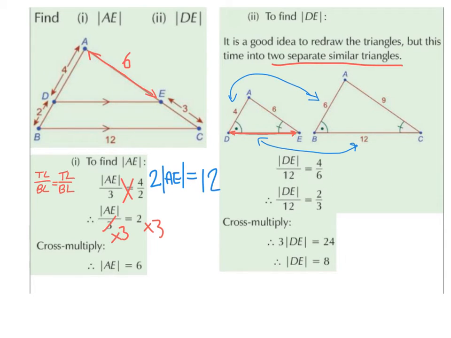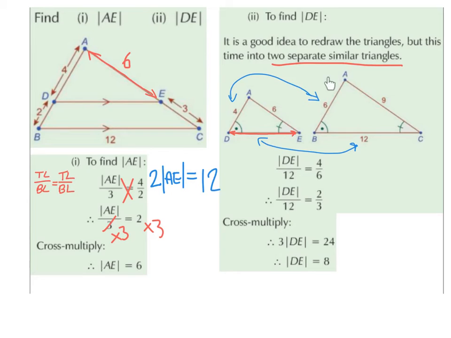It's very important that either the sides on the smaller triangle are all the numerators, or all the denominators, or vice versa with the large triangle. So if DE is our numerator, then 4 is also our numerator, and DE is going to be over 12 because it's corresponding with 12, and 4 is going to be over 6 because it's corresponding with 6.